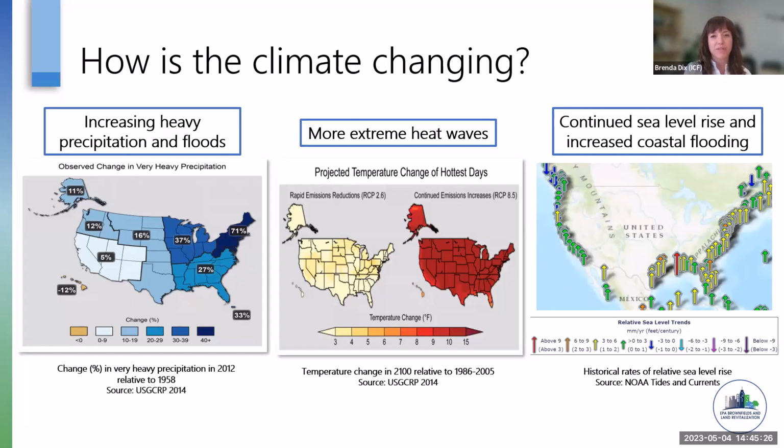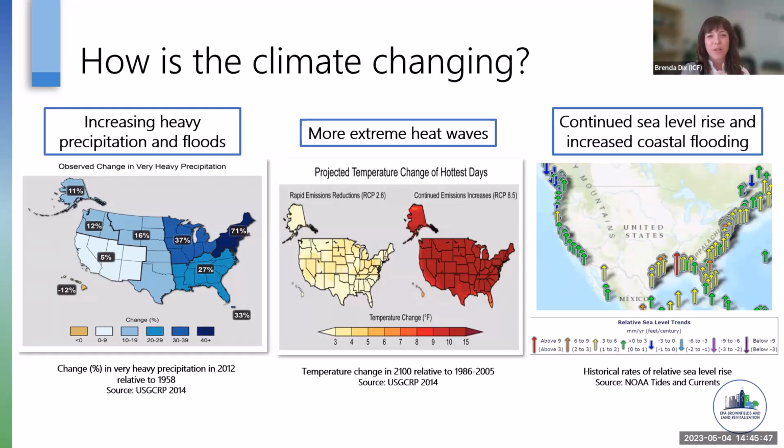And this map is sort of telling that story. And that's before even considering the fact that these types of impacts are projected to get even worse moving forward. And I'm going to have links for how you can figure out what the changes and the projections are for your area as well towards the end.